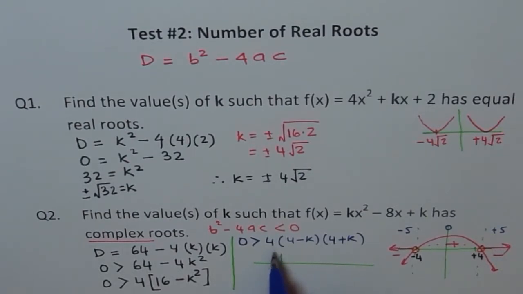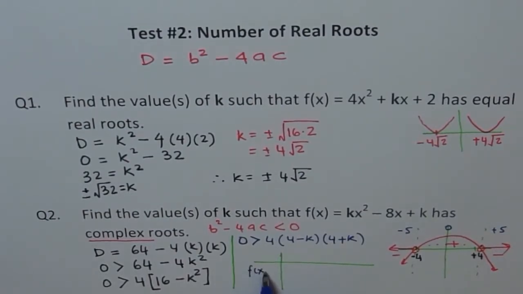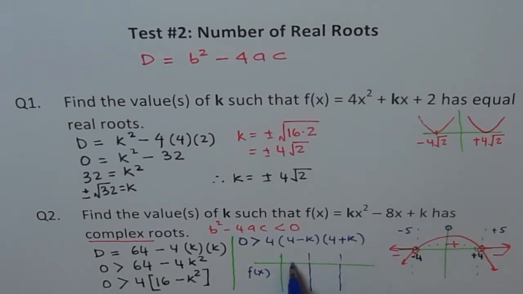So this is our function f of x, right? Let's say we write f of x, correct? Now, we will test this for the value minus 5, for 0, and plus 5, right? If I write minus 5 for k, then 4 minus 5 becomes negative 1.